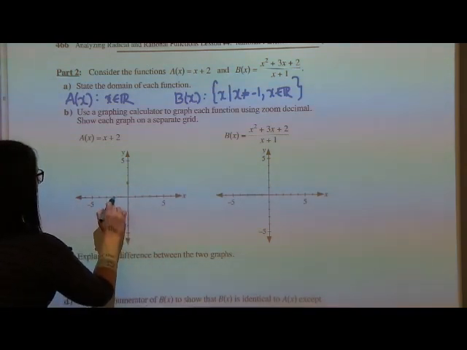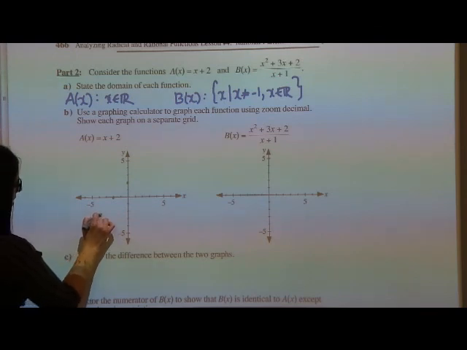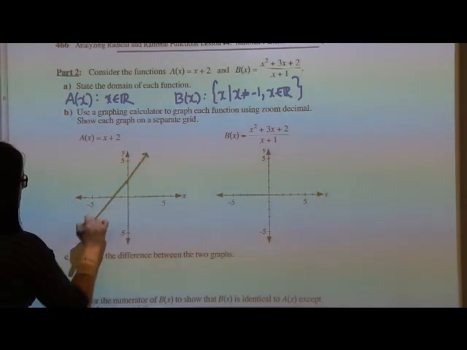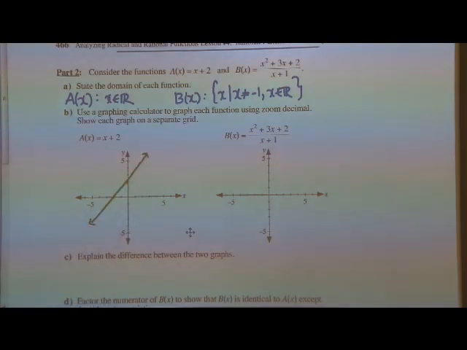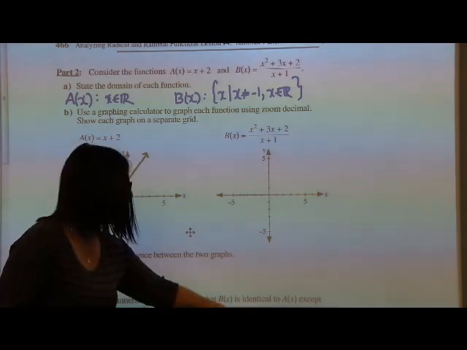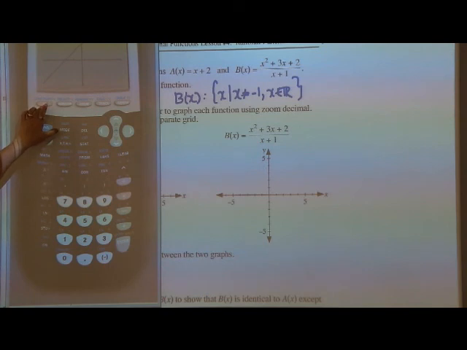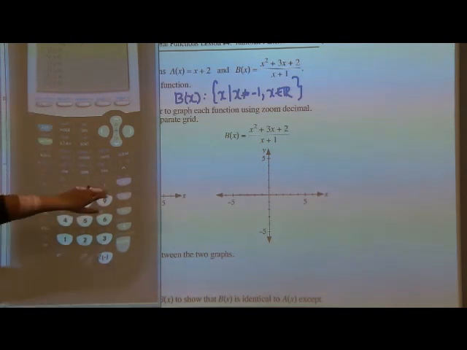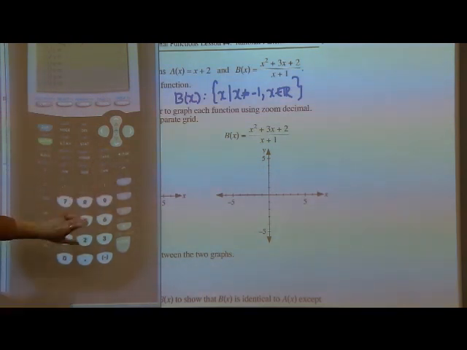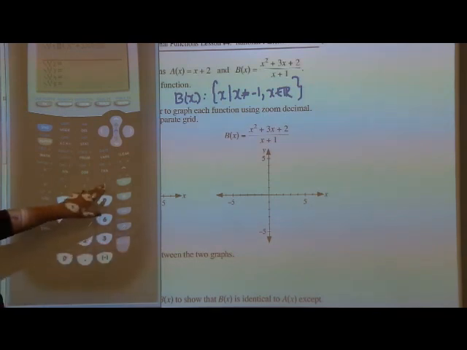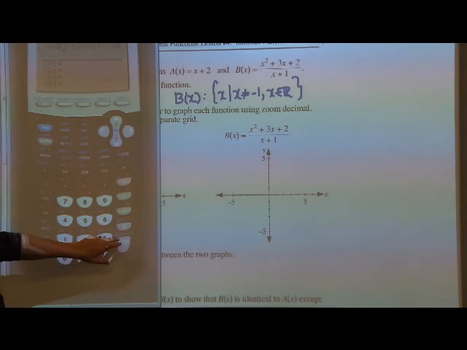Sketch that in the right spot. And there's my line. If I sketch b of x, I get x squared plus 3x plus 2 divided by x plus 1.